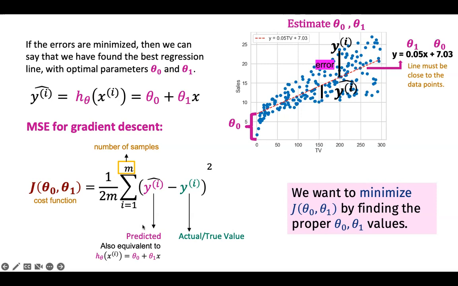Note that this y hat is equivalent to h of x, which is equal to theta 0 and theta 1x. So what we want to do is to minimize this cost function j of theta by finding the proper values of theta 0 and theta 1, or the theta in short.